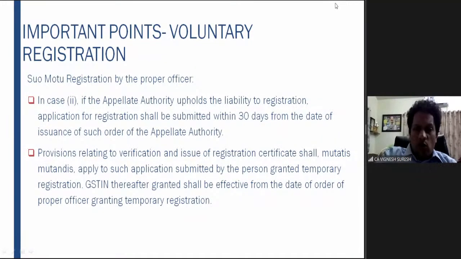Apart from that, how to submit, verification, issue of registration certificate, all these provisions are exactly the same. Mutatis mutandis, they shall apply to such application submitted by the person granted the temporary registration.